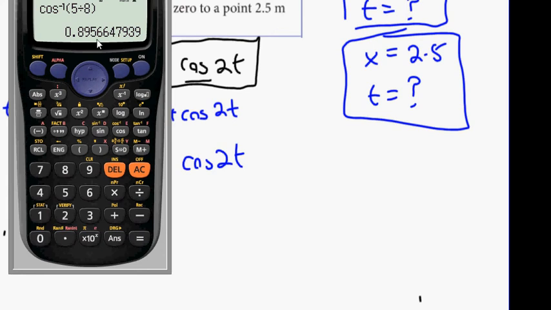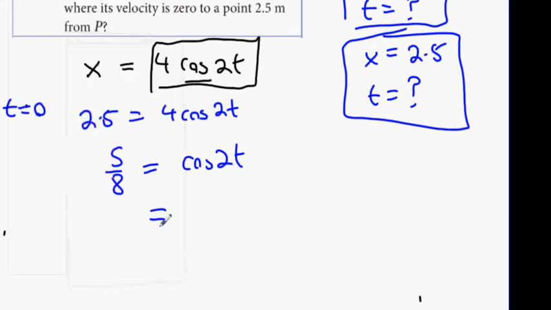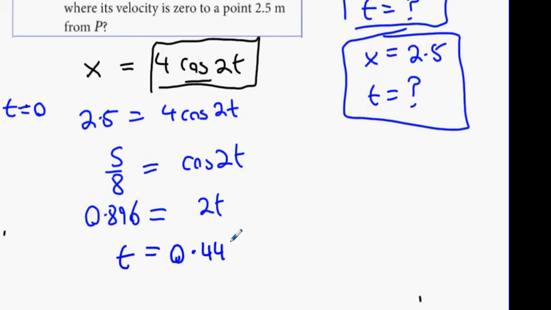So 2t equals 0.896. Okay, and then divide it in half, and then t equals 0.4478.